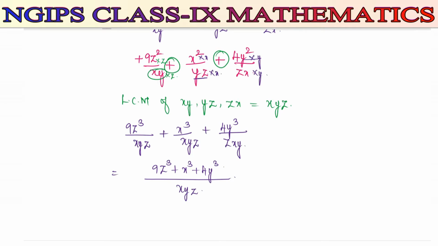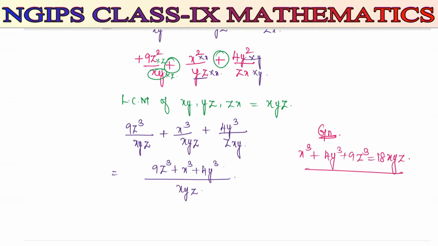Okay, if you check the given condition, we have x cube plus 4y cube plus 9z cube is equal to 18 into x into y into z. This is the given condition in the question, so I am going to substitute.